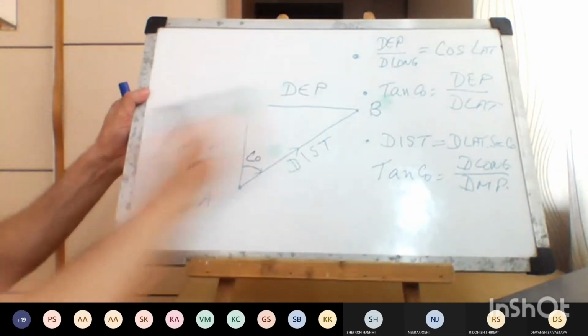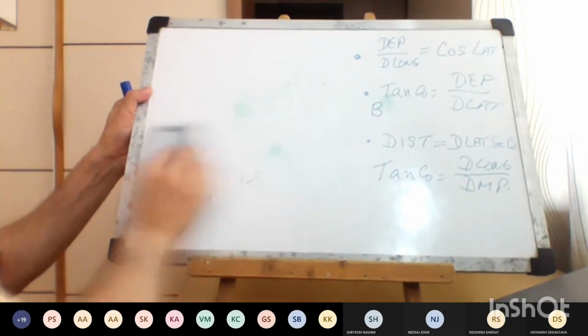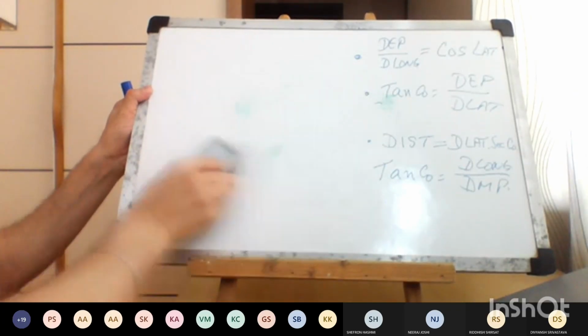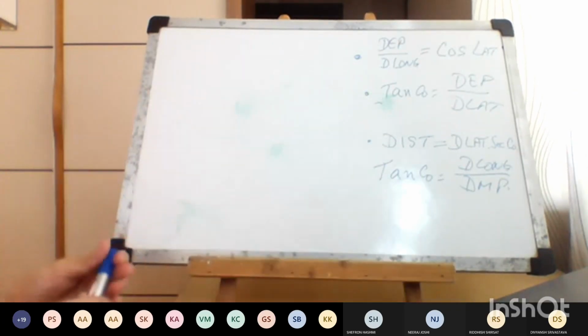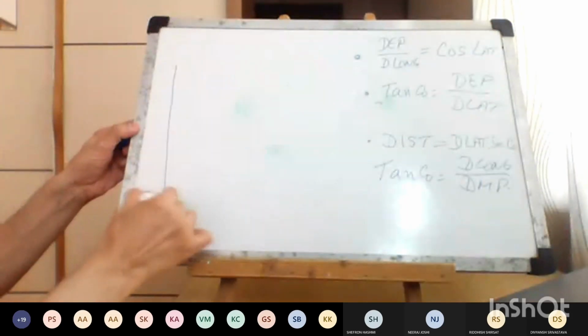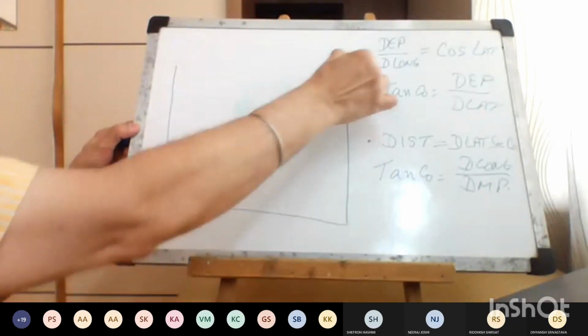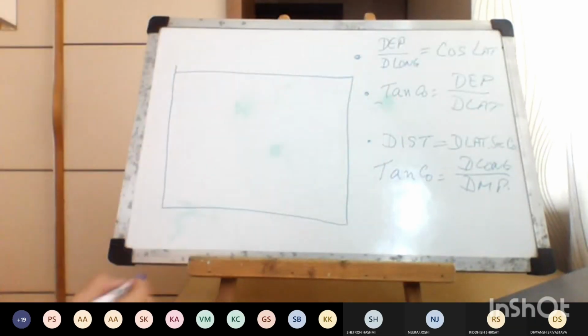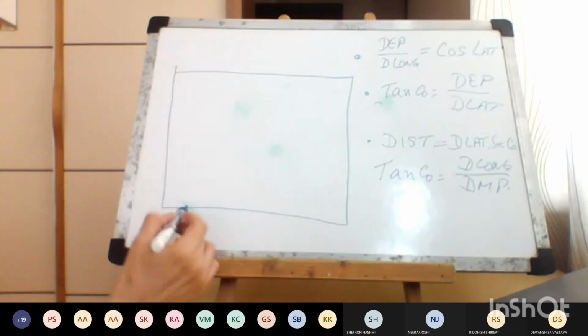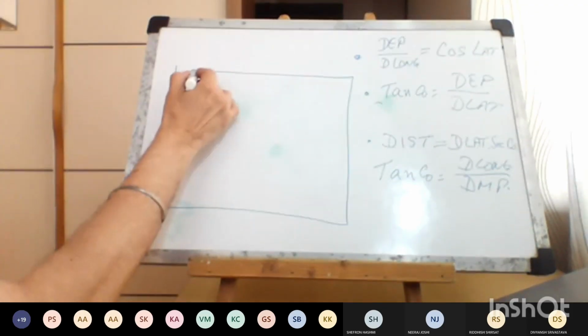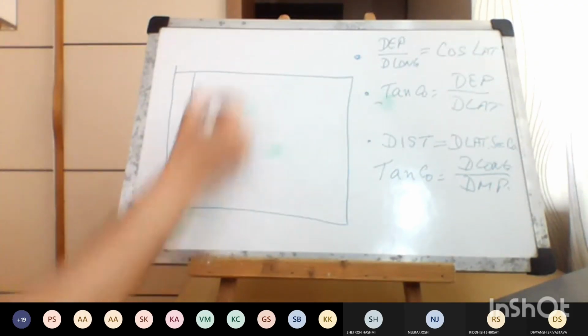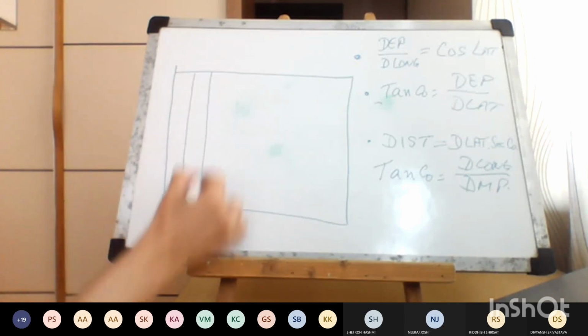Let me delete this part. In a Mercator chart, you must have seen. Let's say this is a Mercator chart. The meridians are equally spaced.